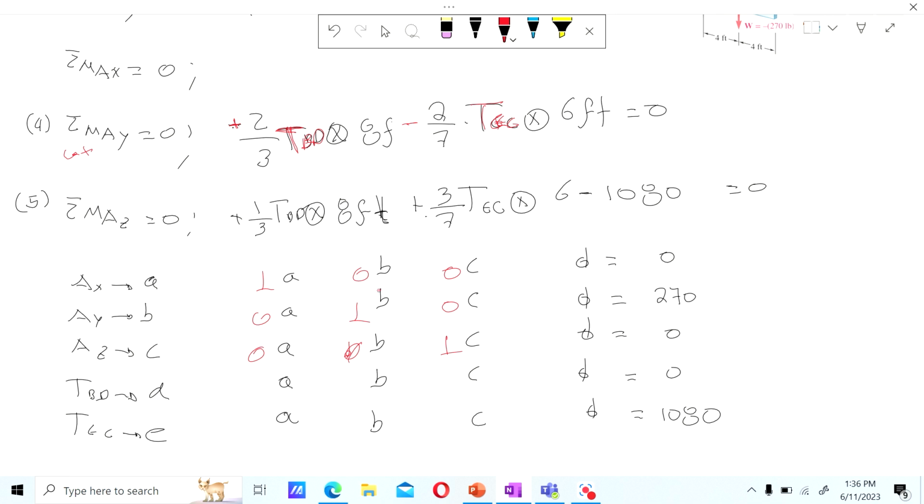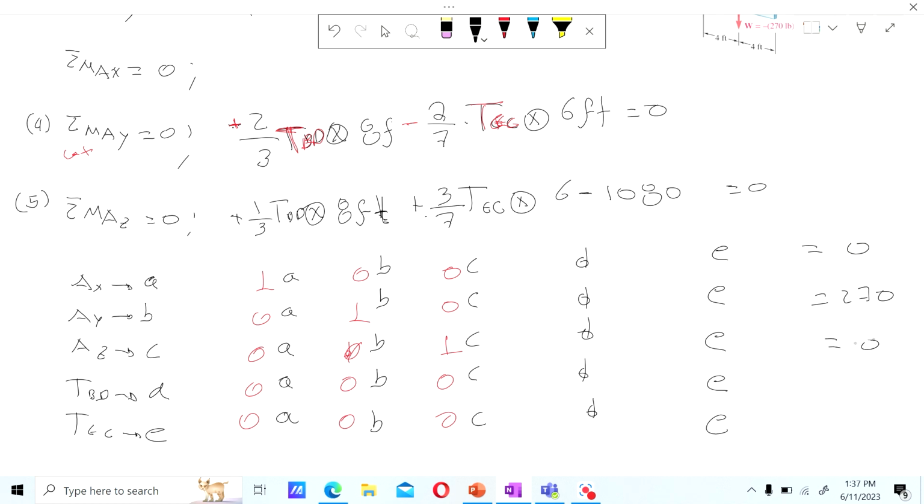The moments don't have any AX, AY, or AZ because the moments are about point A. But we have 5 equations, so there's another one, D, E, and this one is T_EC. So this one was 0, 270, 0, 0, and 1080. All right, perfect.